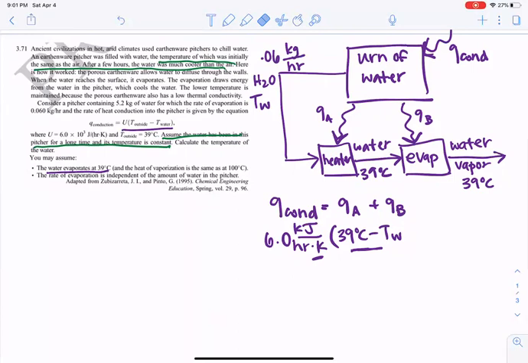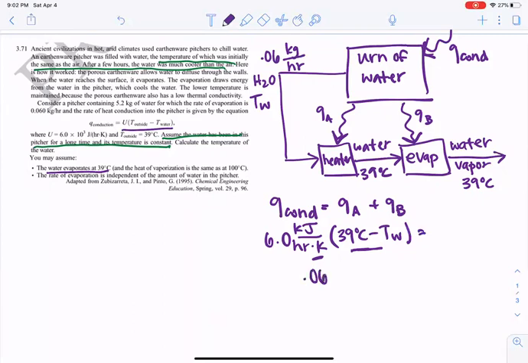Okay, so here's where, to me, the signs get confusing. QA is how much heat does it take to change the water from TW to 39 degrees C. So that's going to be our flow rate of water, which is just the flow rate of the small amount that's evaporating.